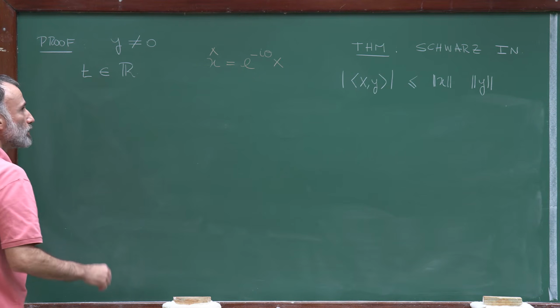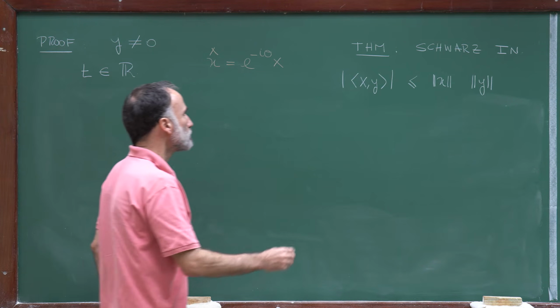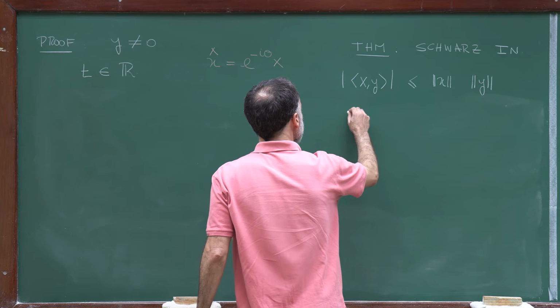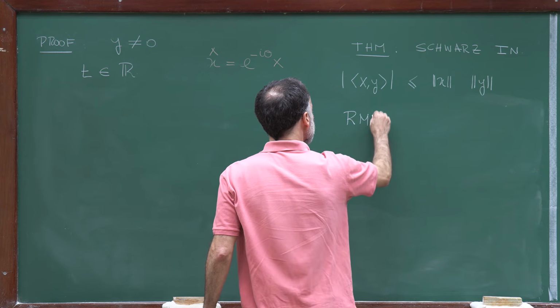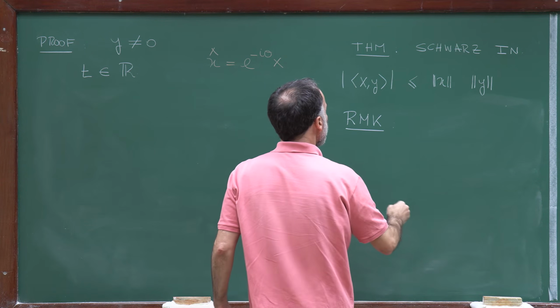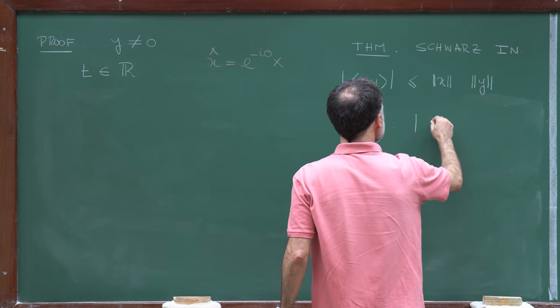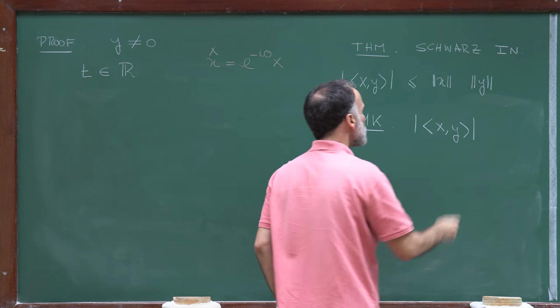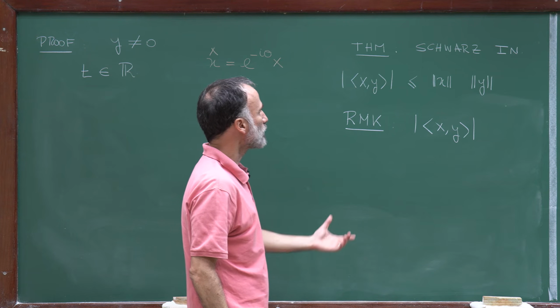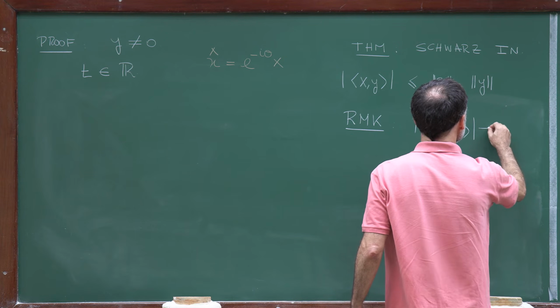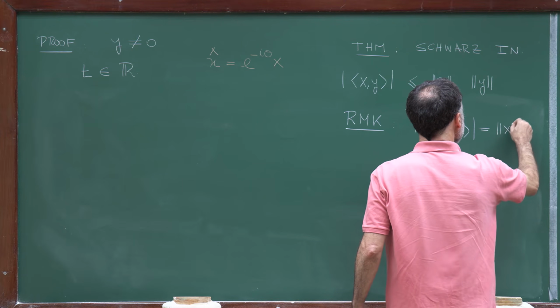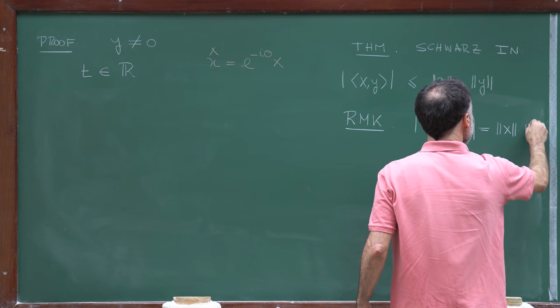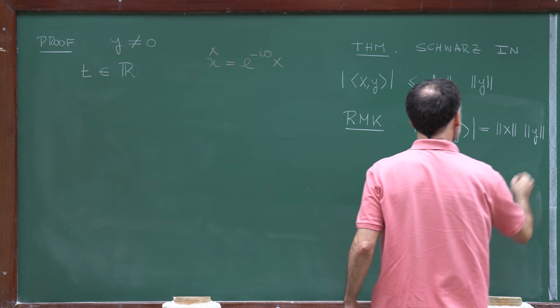Before we continue and prove the triangle inequality, let me just add a remark. The remark is as follows. Assume that the absolute value of the scalar product of x and y is equal to the norm of x times the norm of y.